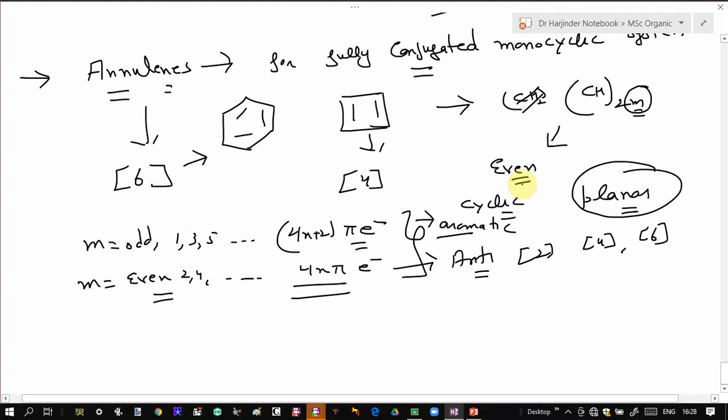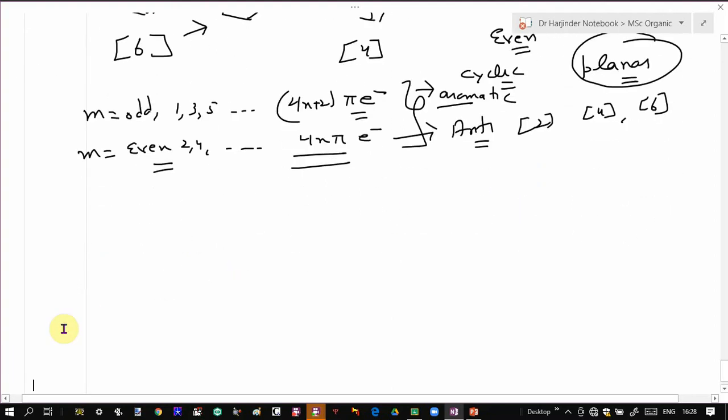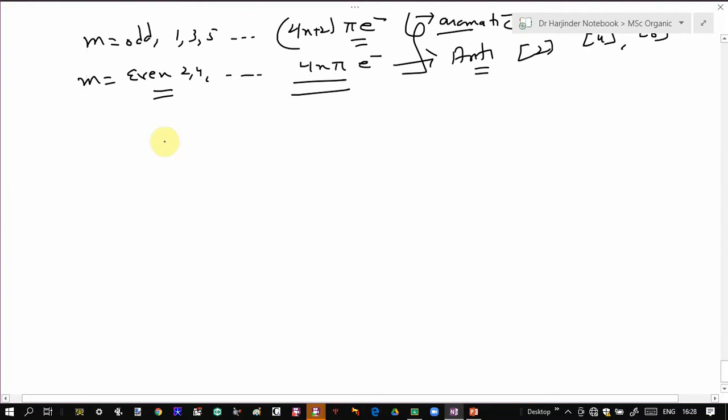So let's take the examples. The very first example is of [10]annulene. [10]annulene means there are 10 carbon atoms inside the ring. So [10]annulene can be drawn like this. It's a fully conjugated system.